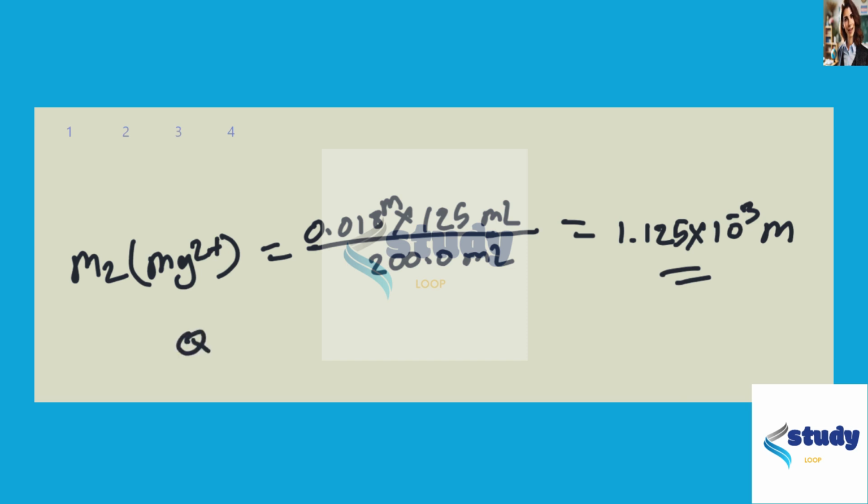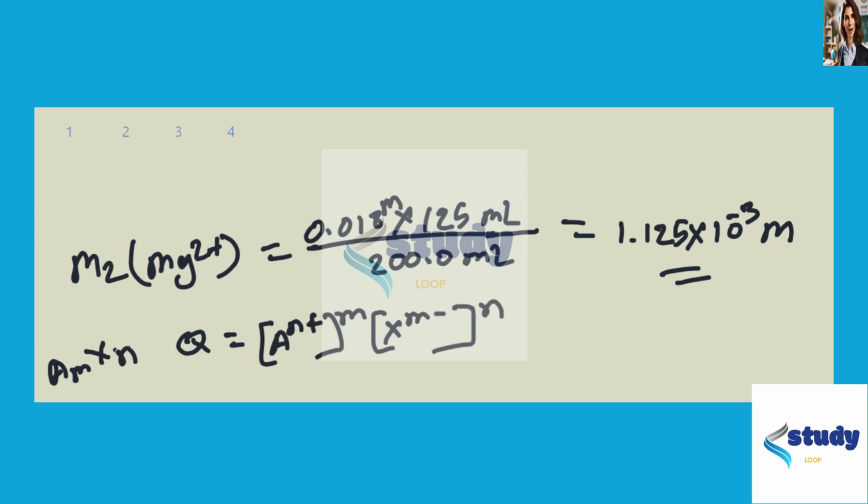The reaction quotient formula for a compound of AmXn is Q equals A to the n plus, to the power m, times X to the m minus, to the power n.